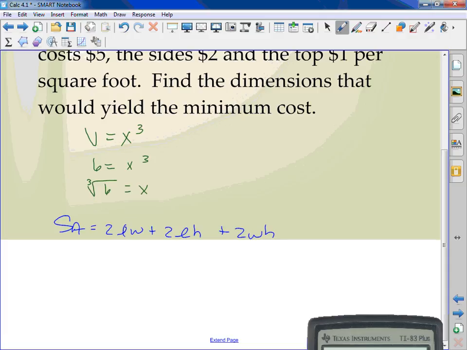What are we talking about in this problem? It's a cube. So these are all the same. So that's an x, an x, an x, and so on. Another way to think of it is, how many 2's did I have there? 3. So I have 6x squared.